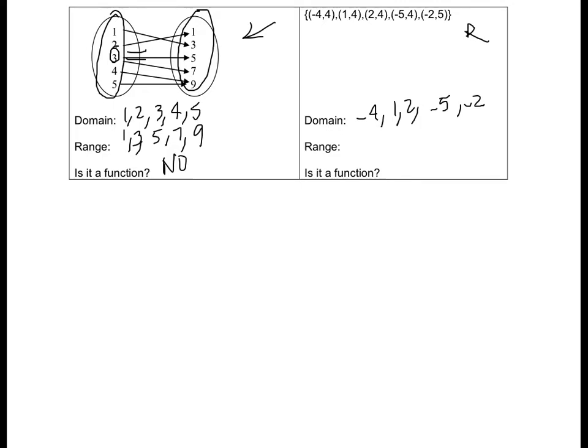Again, we cannot say x in R because numbers like, let's say, 1.5 is not included. And the range, you just include the y values, which are 4, 4, 4, and then 5. So the range is 4 and 5. Again, I'm not going to write y in R because 4.5 is not included.